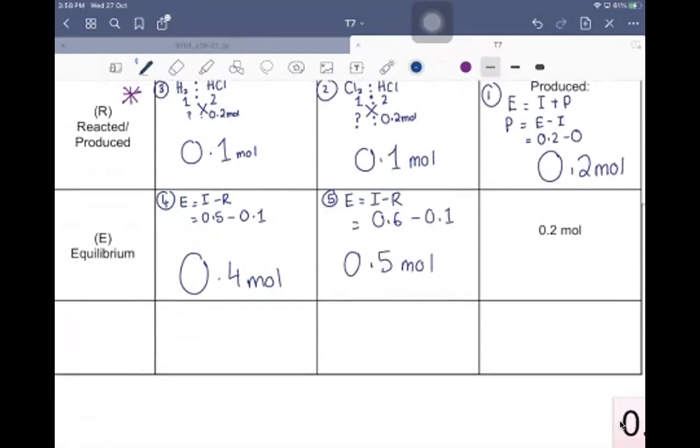But case C, the C stands for concentration. So we have to add another column to find the concentration at equilibrium.